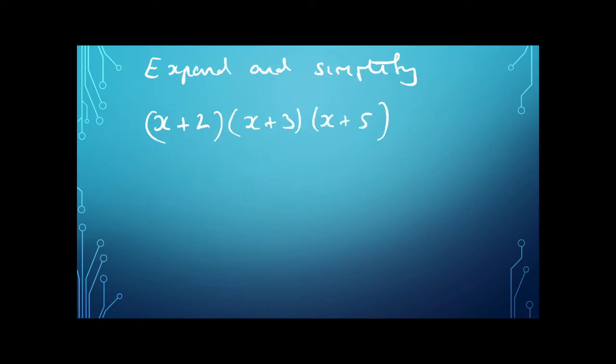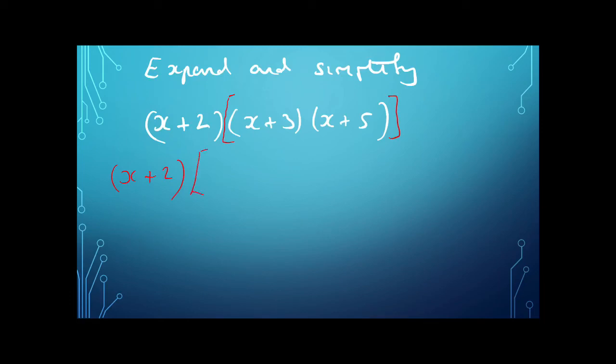Okay, this is a new topic for the GCSE. We've been asked to expand 3 brackets. Now the trick here is to multiply 2 together and then multiply by the third bracket. It doesn't matter the order that you do these in, but I'm going to leave the x plus 2 there.